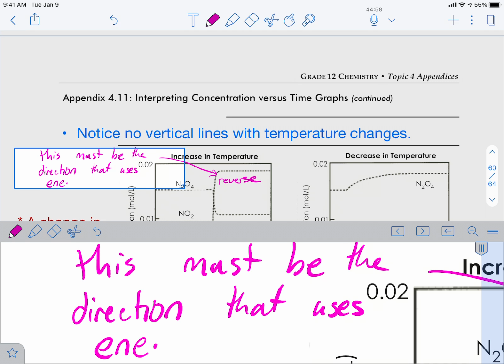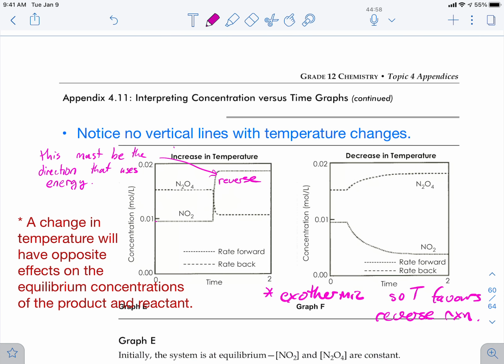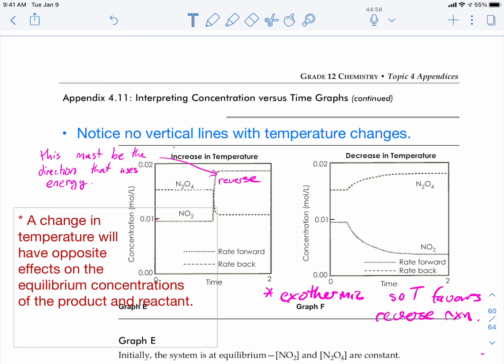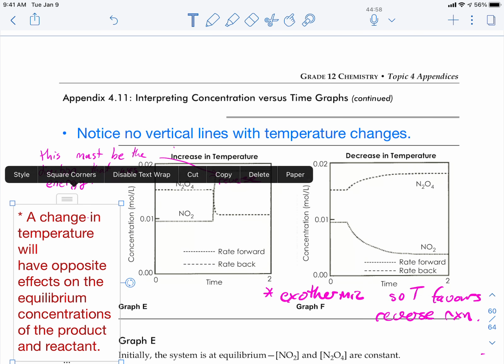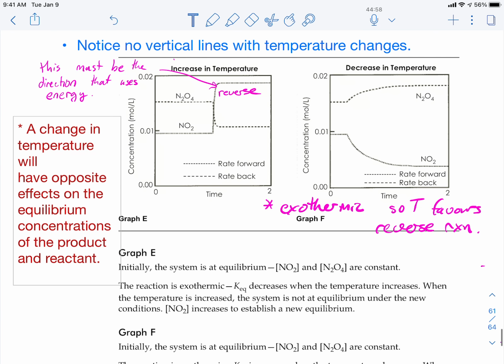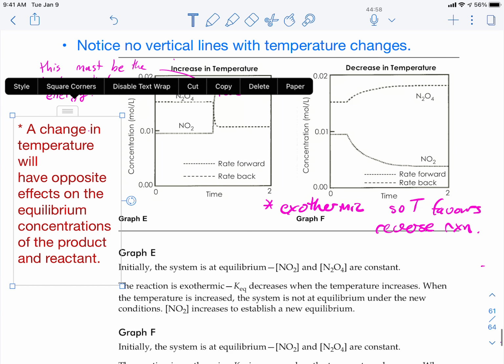So think about that as a possible question type that we could do. I could give you a blank graph, or the graph with just the curves on it, and then ask you, based on this graph, do you think that this is an exothermic or an endothermic reaction? That could be a little bit tricky to figure out, but I believe that you could figure it out if you had to.